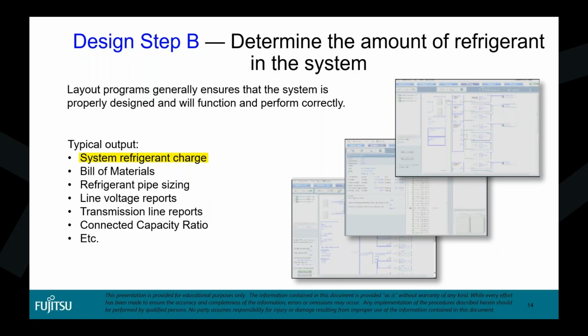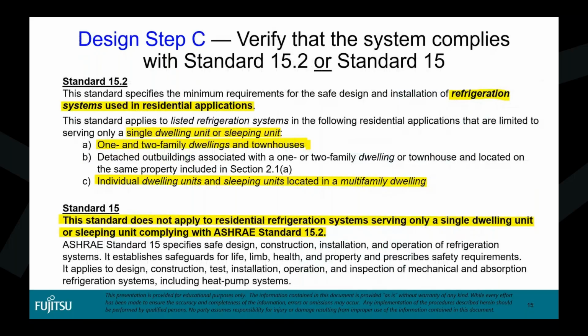So we have done those two high-level steps, A and B. Design step 3 is to verify which standard to use. It's important to look at the definition of standard 15.2 because it decides what's not standard 15.